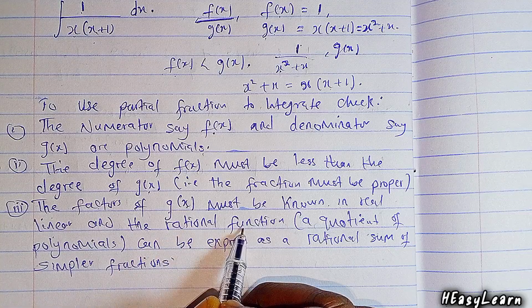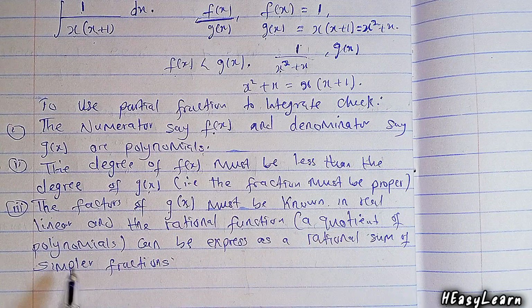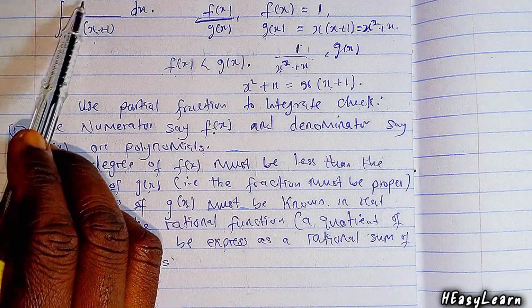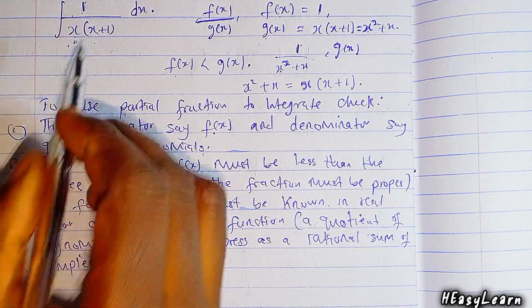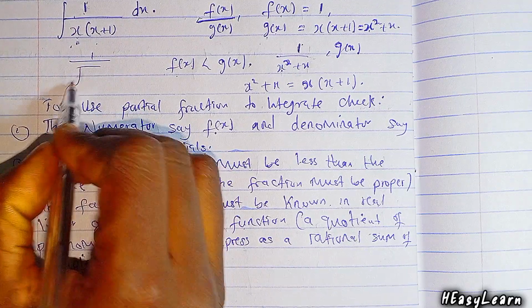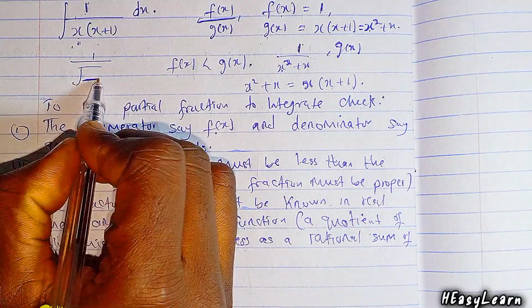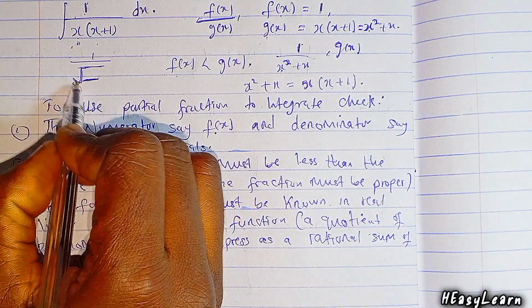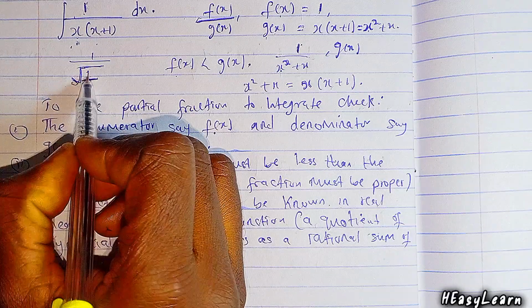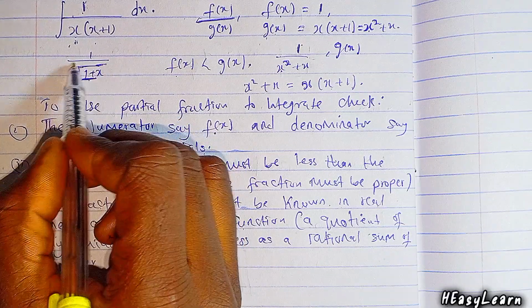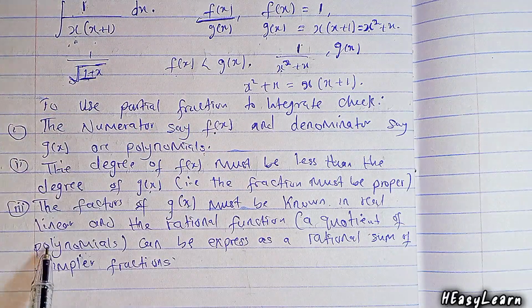And the rational function must be a quotient of polynomials, not in the form of 1 over the square root of a polynomial. Because of this square root, the denominator is not a polynomial. So if you have 1 over square root of 1 plus x in this case, this is not a quotient of polynomials.